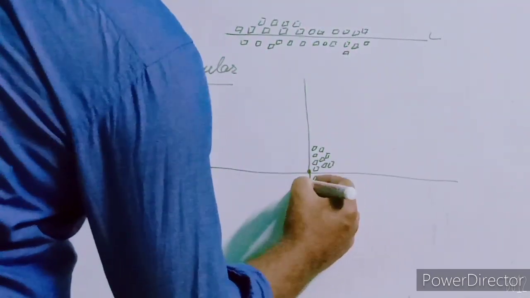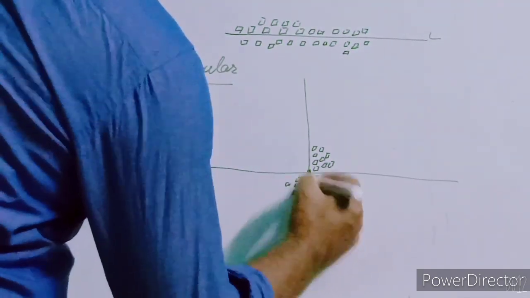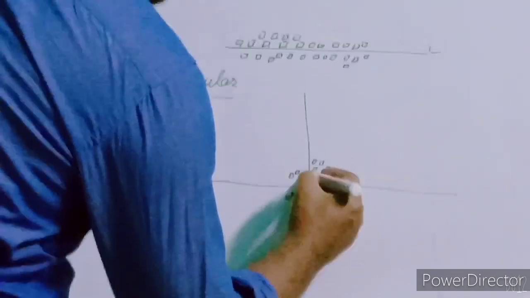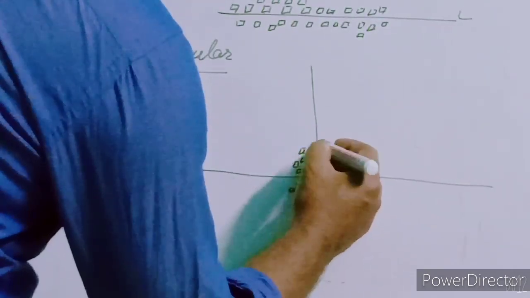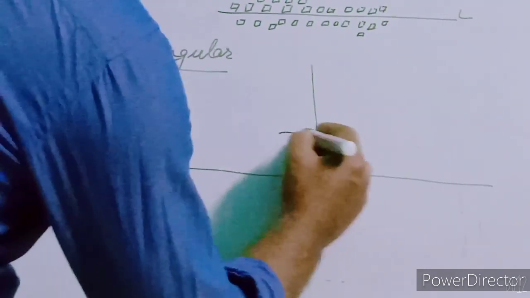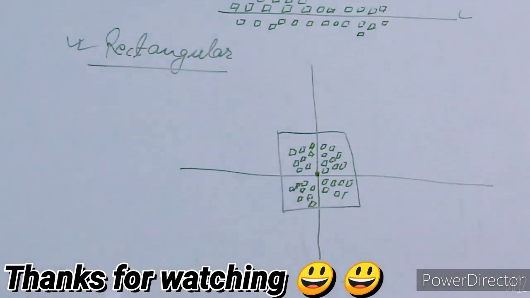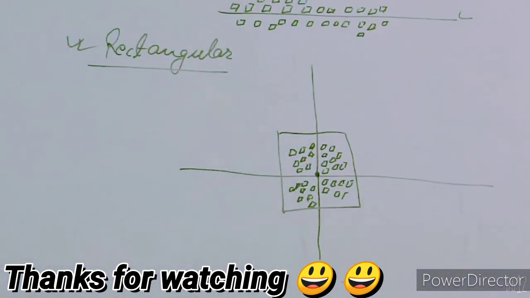And the growth of this kind of settlement gives the rectangular shape. You see, these small red squares are in the form of a rectangular shape. So, the name of this pattern of settlement is given rectangular settlement. This is found nearby the junction.